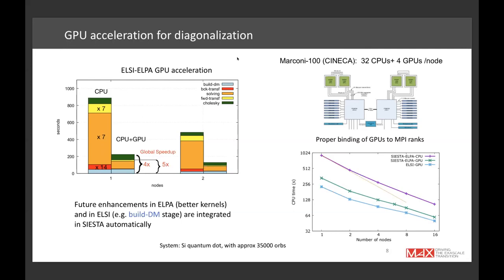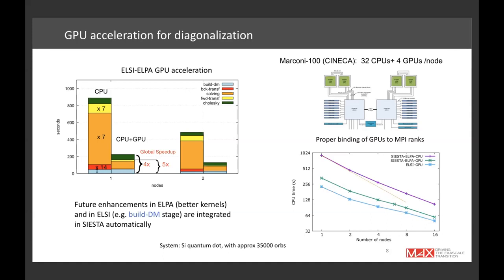And the good thing is that these enhancements are continuing. This is just a fixed photograph of what it was the development of these libraries. If the ELPA developers get better kernels, we will immediately benefit from them. And if LC improves the offerings, we will automatically benefit from them.